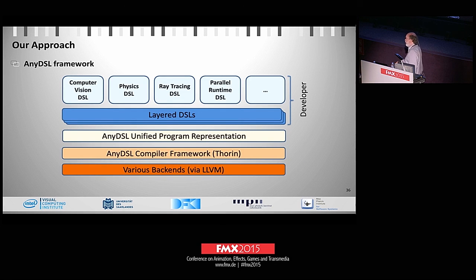Okay, all of this is actually integrated in our AnyDSL framework. At the lowest level, we're using LLVM to generate code. Why reinvent the wheel? On top of that, we have a unified program representation that uses continuation passing style, CPS.